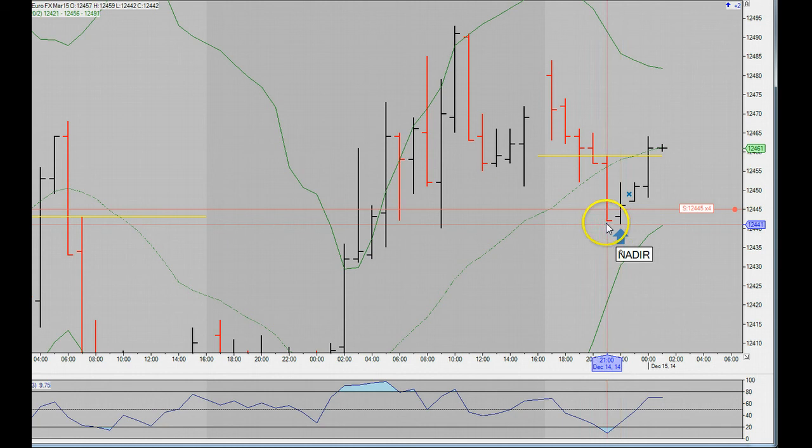But we've got our nadir bar right here. Right here's our setup bar. We breached the high. Let me put that line there so we can see that. So we breached the high of our nadir bar. We now have a setup bar.